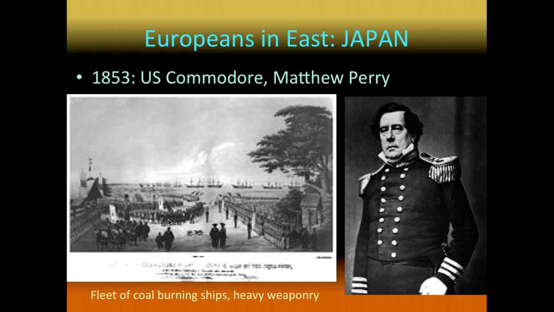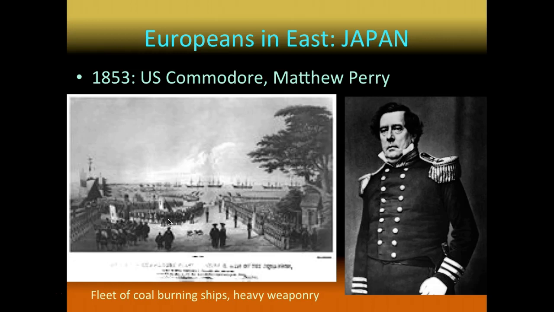And they sent this fleet of coal-burning ships to Tokyo Bay. And Matthew Perry gave an ultimatum and a white surrender flag to the Japanese leaders. And the Japanese were aware of what the British had done in China, and seeing these very intimidating ships that billowed thick black smoke and had cannons aimed at Tokyo Bay, the Japanese capitulated and let the Westerners into the islands.